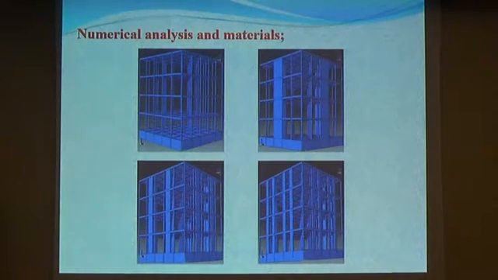First we have one concrete structure. The concrete structure here has 5 spans and 4 floors. The concrete foundation rests on a rigid base, and it is simulated in Abaqus.